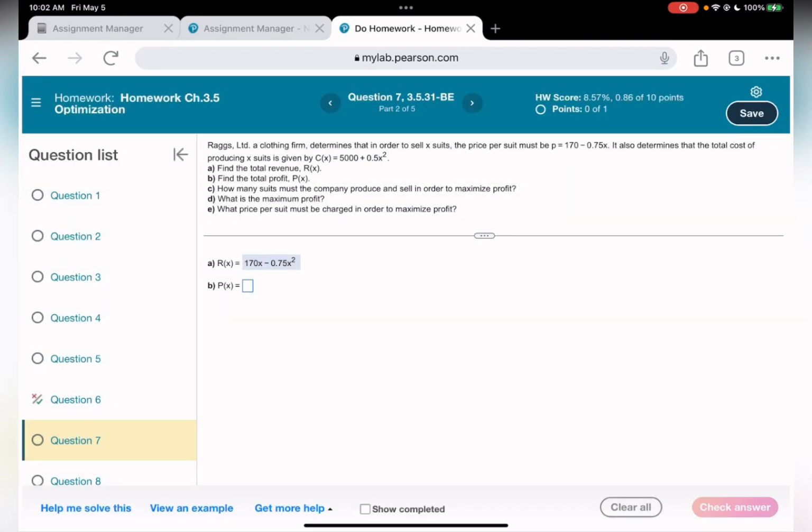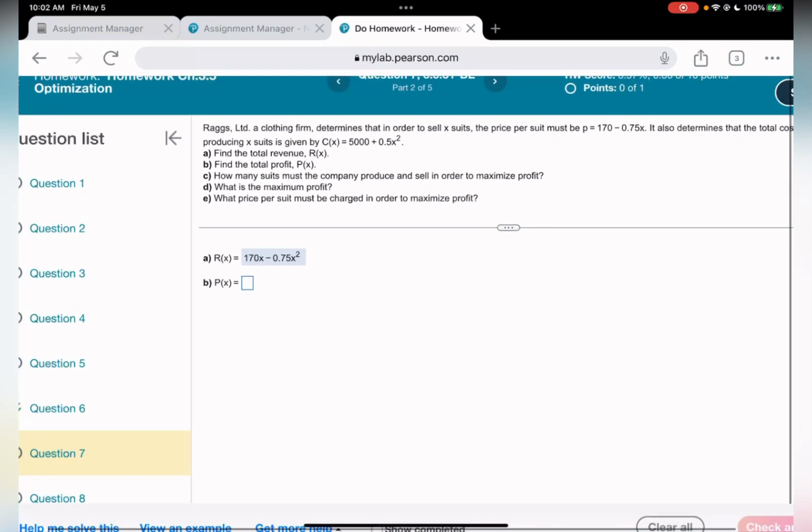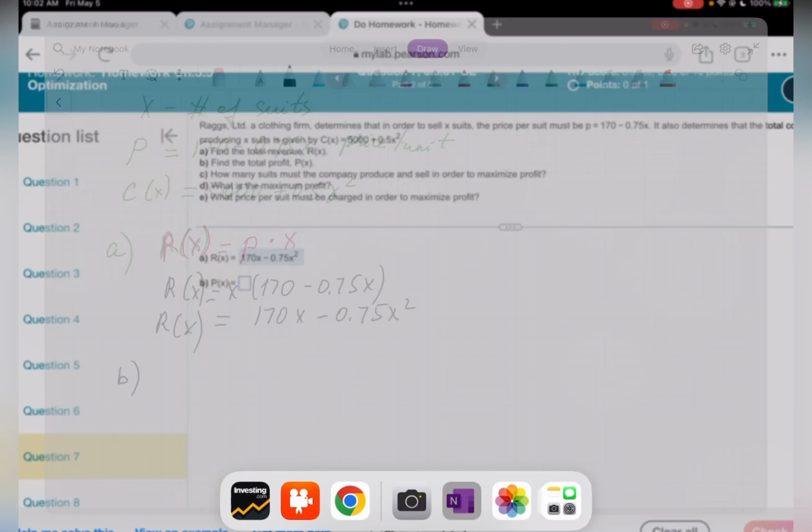Moving to B. B is find the total profit. Let's find the total profit.